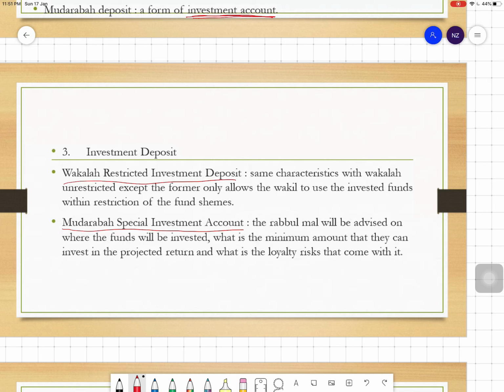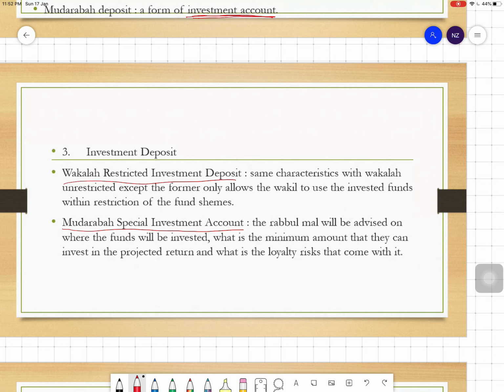Kalau korang baca dia punya explanation, you guys know the Rokbumal ni dah restrict kan kat mana nak invest, kat mana the minimum amount. So dia the same meaning as Mudharabah restricted investments account.